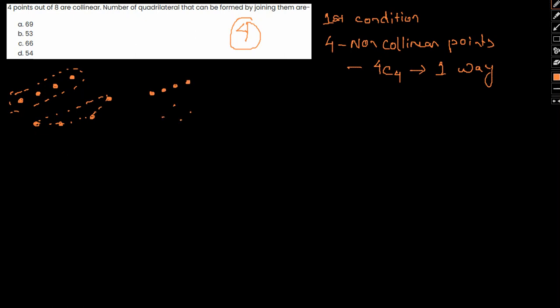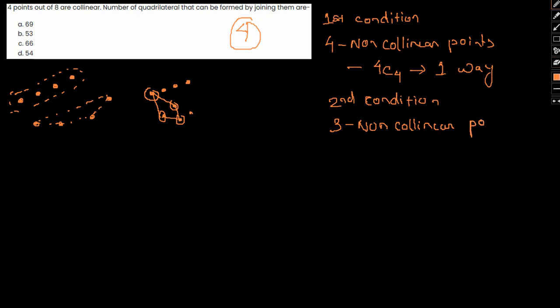These are my 4 collinear points and these are my non-collinear points. Okay. Now I'm going to incorporate the collinear points as well. So let me take 1 collinear point and 3 non-collinear points. Okay, so see here I can form this quadrilateral. So yes, this can be formed. So the second condition will be 3 non-collinear points and 1 collinear point.